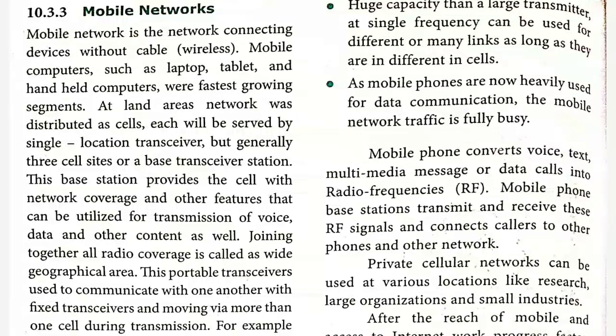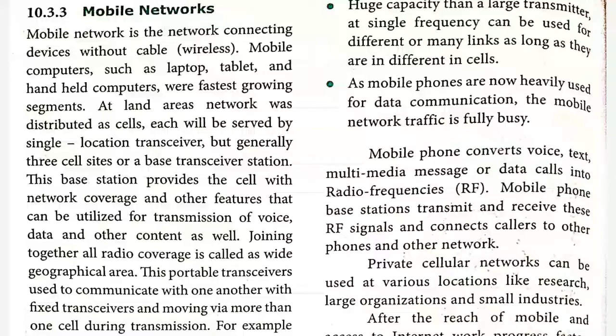Generally, cell sites have a base station, the base transceiver station. This base station provides the cell with network coverage and other features that can be utilized for transmission of voice, data, and other content as well.